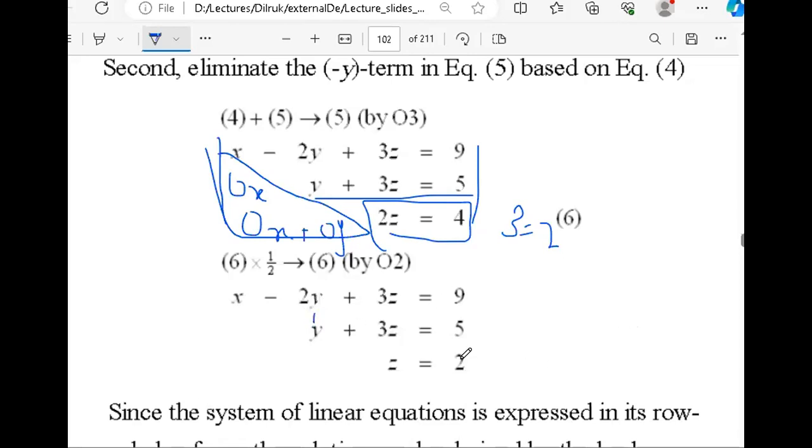Now you have z with y, so here you have three variables in this equation. You already know the value of z and the value of y, so why not substitute those two values into here to find x. So this is called back substitution.